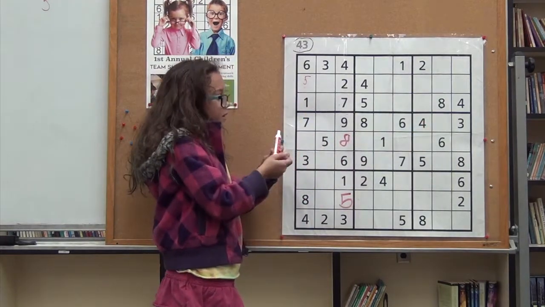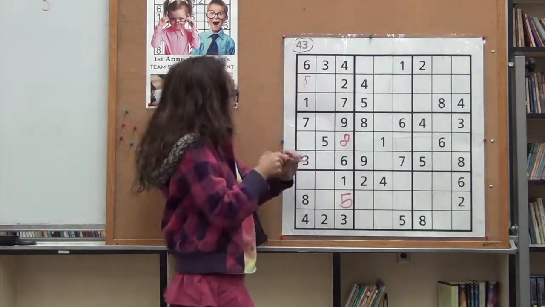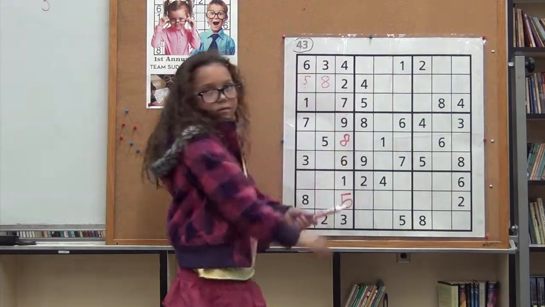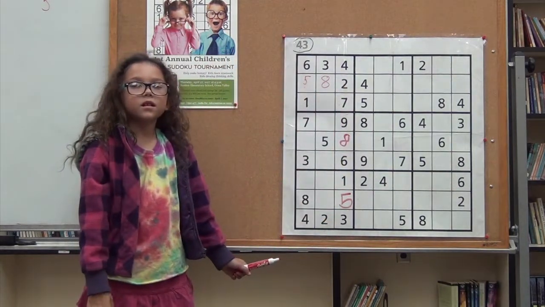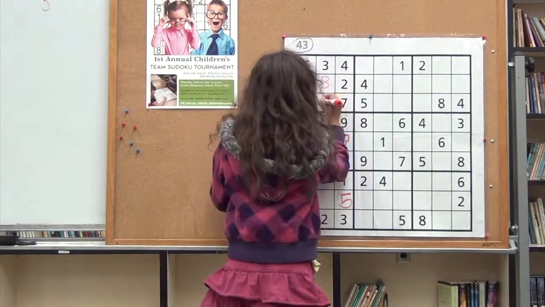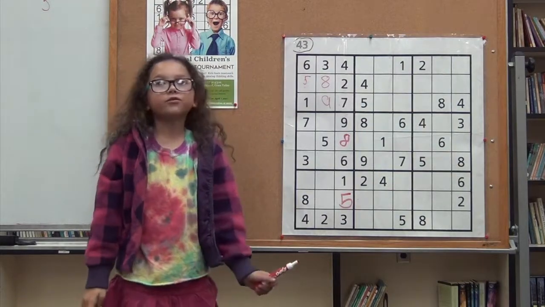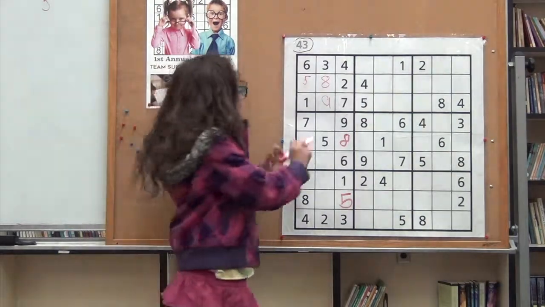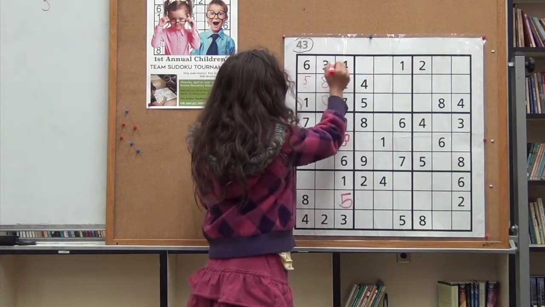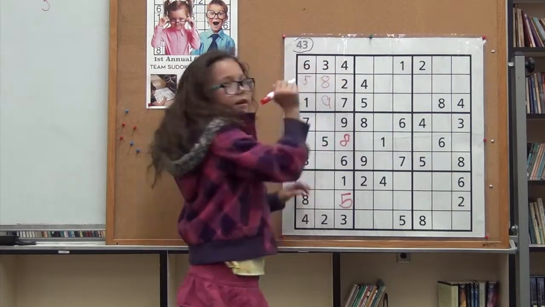So the 8 has to go here. Solve one small box. So what's the last one have to be? 9. Put it in. Okay, now what do you do when you finish a family? You count it. 1, 2, 3, 4, 5, 6, 7, 8, 9.